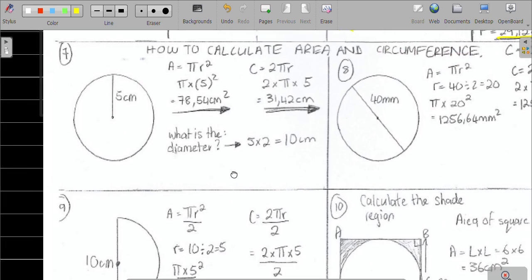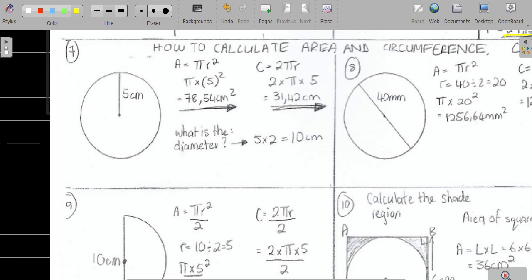We have a question which says there is a circle with a radius of 5 centimeters. So guys, what did I say in the previous video? Please use your formulas. The formula for the area of a circle is pi times the radius squared.